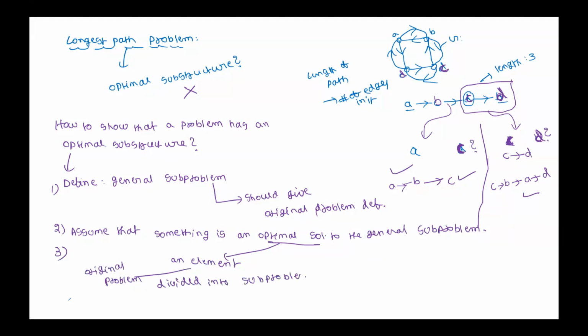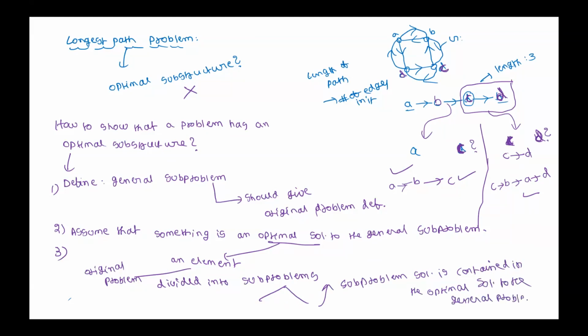Next, ensure that these subproblems' solutions are contained within the optimal solution to the original problem. The subproblem solution is contained in the optimal solution to the general problem. That's what we have done now.